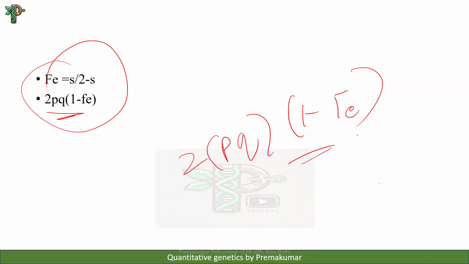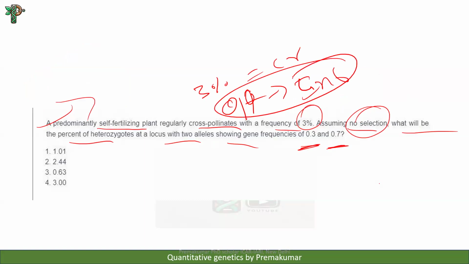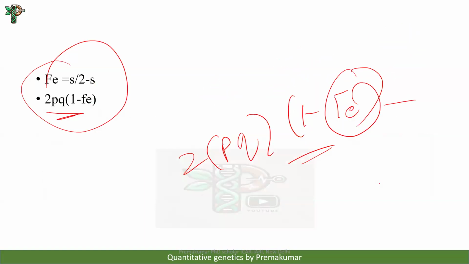Because it is self-fertilizing, only 3% is cross-pollinated, which means 97% is inbreeding, so we have to eliminate this component, 1 minus Fe.